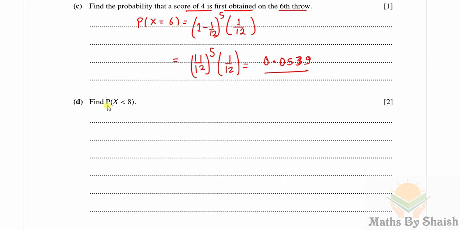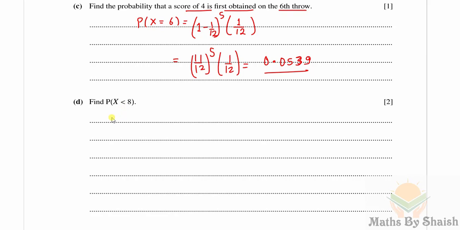And in the D part, find the probability of x less than 8. If x is less than 8, the number of throws required to get the first success, a score of 4, is less than 8. We cannot calculate directly, because it can be on the first throw or the second throw or the third throw.